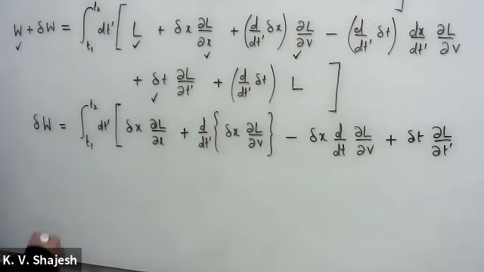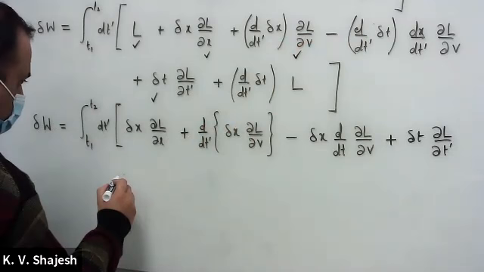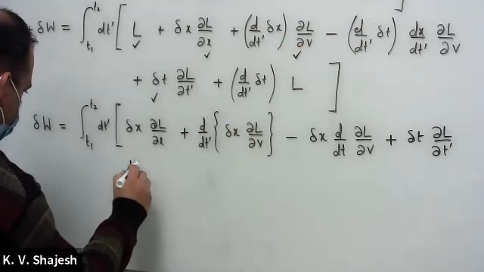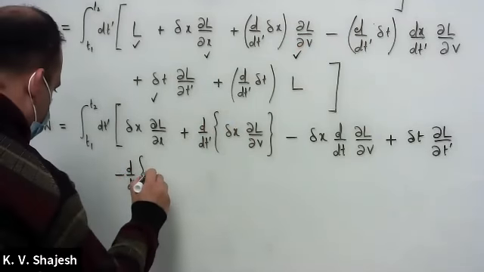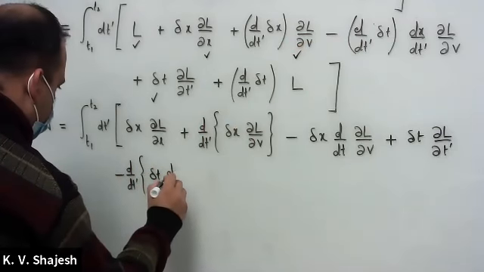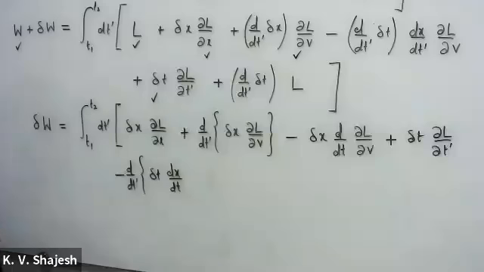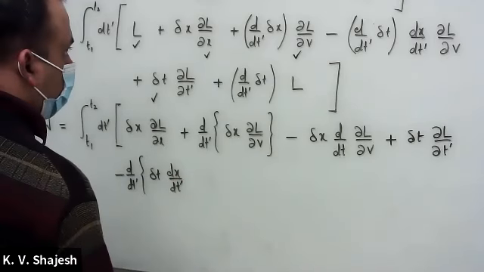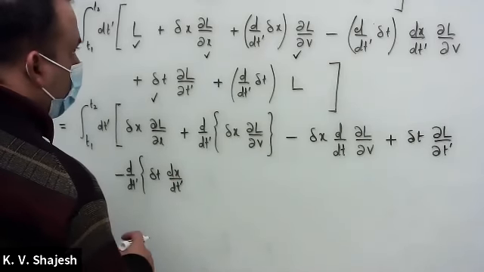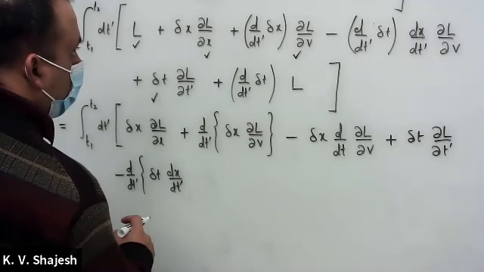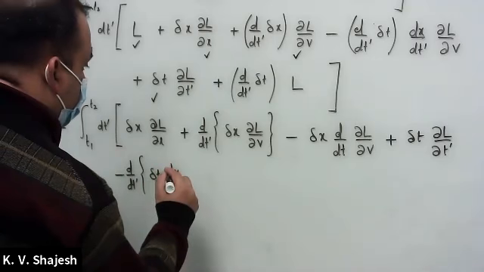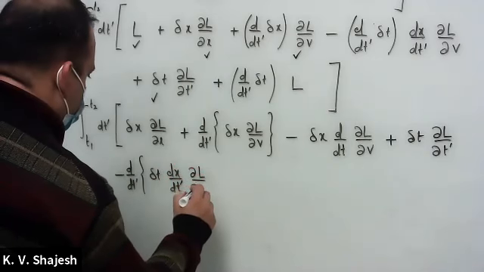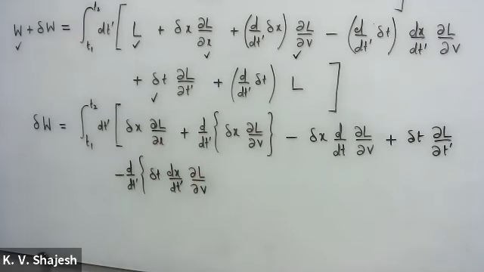So that's equal to, so this one will be minus d by dt prime delta t dx by dt prime. And then there's dL by dt.